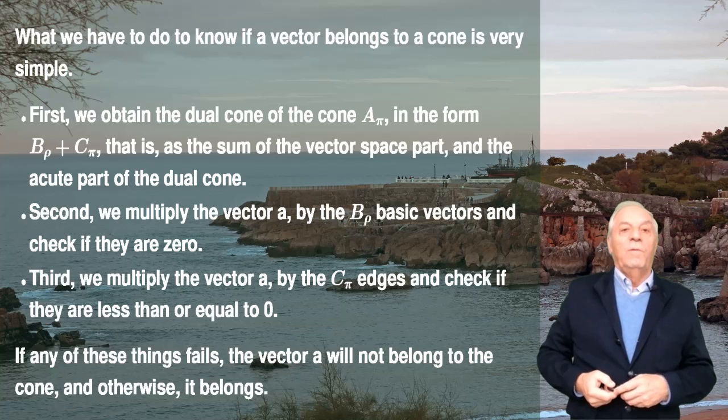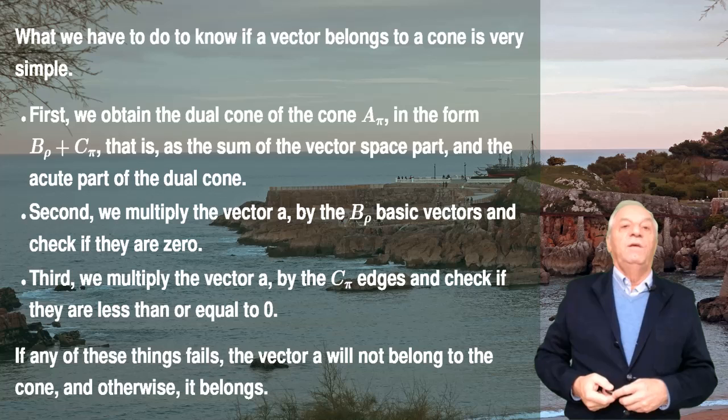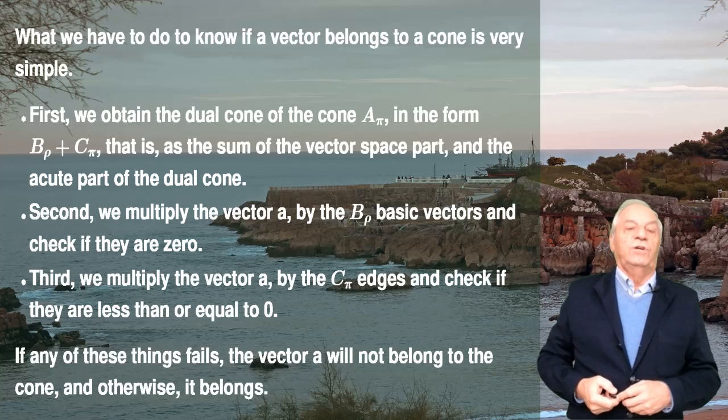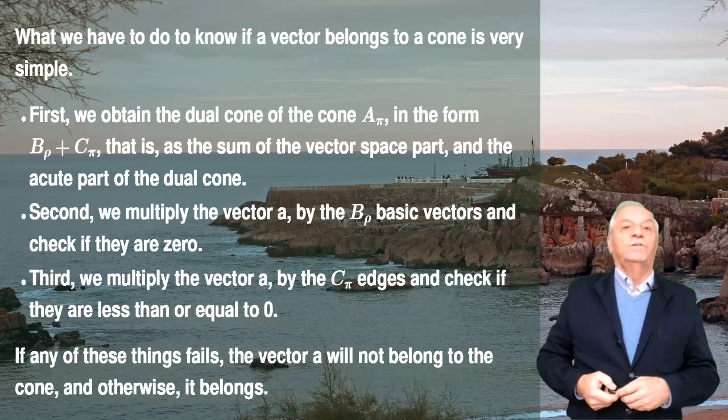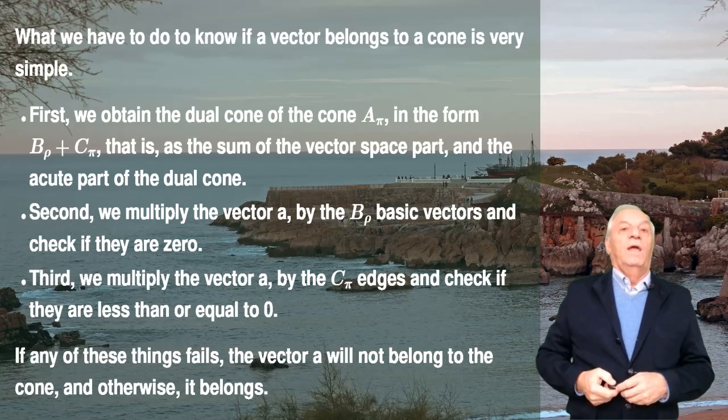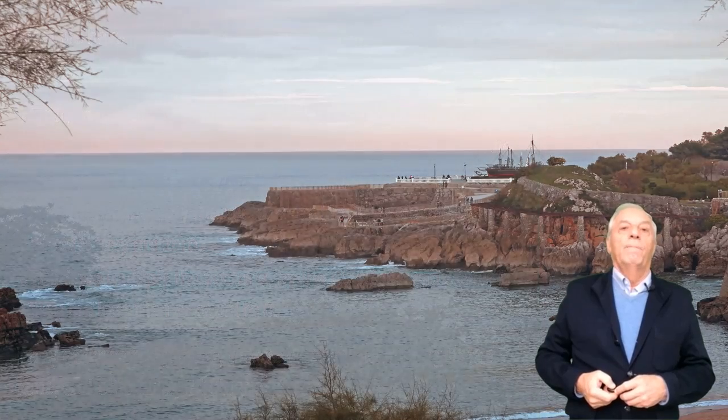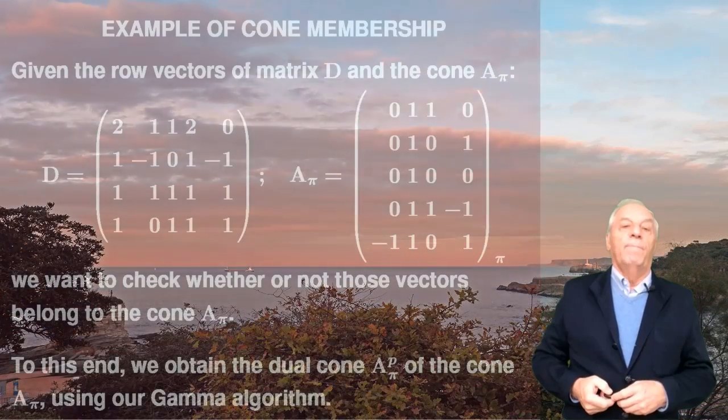Third, we multiply the vector A by the C pi edges scalarly and check if they are less than or equal to 0. If any of these things fails, the vector A will not belong to the cone, and otherwise it belongs. Next, we see an example.